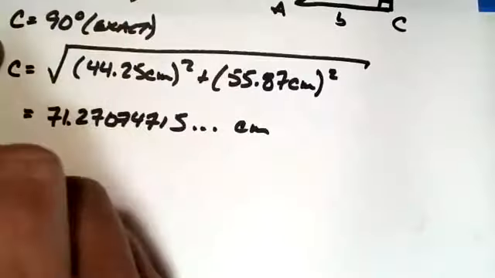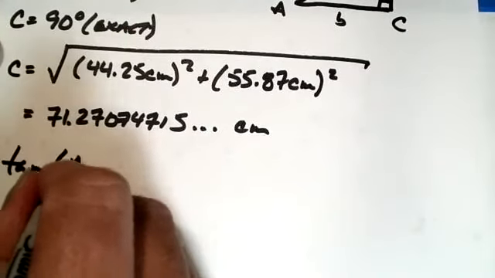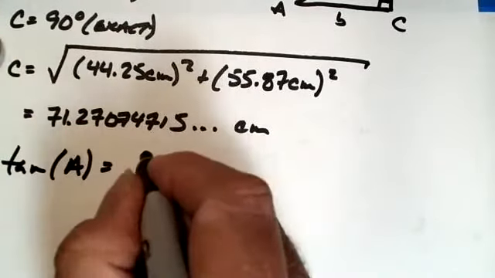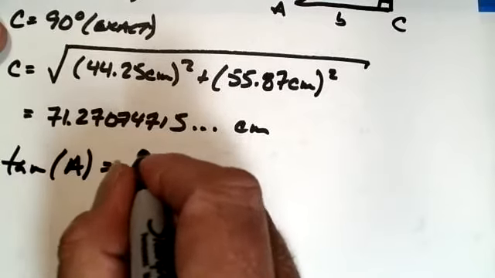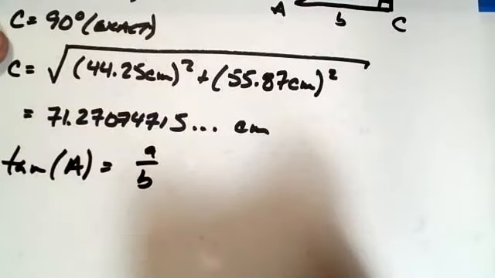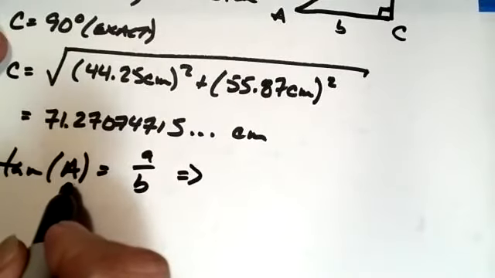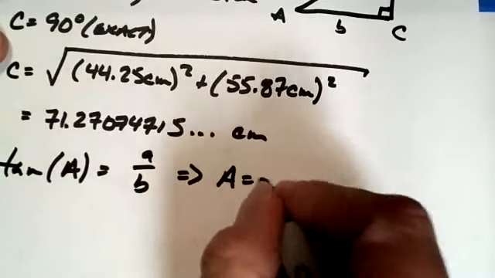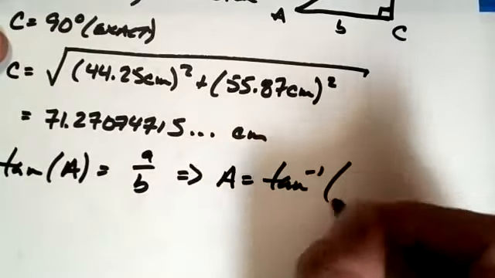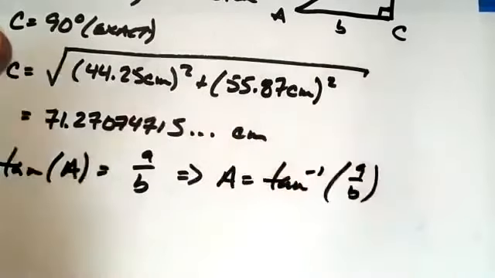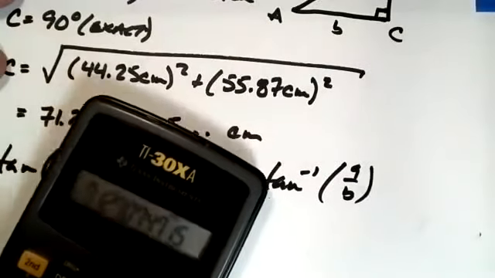Okay, so to move on, the next calculation that we're going to try to do is to find angle A. Note that the tangent of angle A is equal to the opposite over adjacent, which is a over b, which tells us that since A is an acute angle, A will be equal to the inverse tangent of a over b, which is something that we did in the previous section.